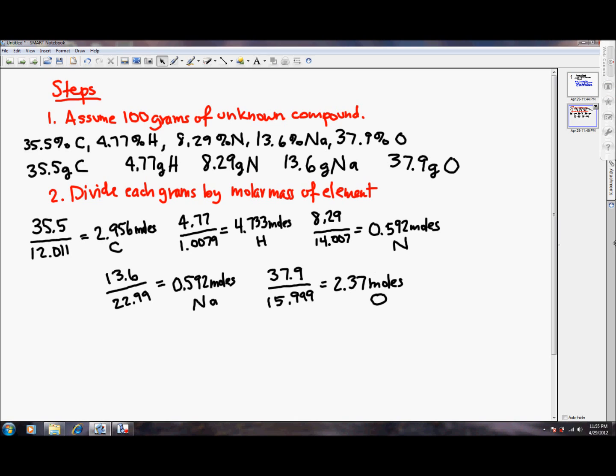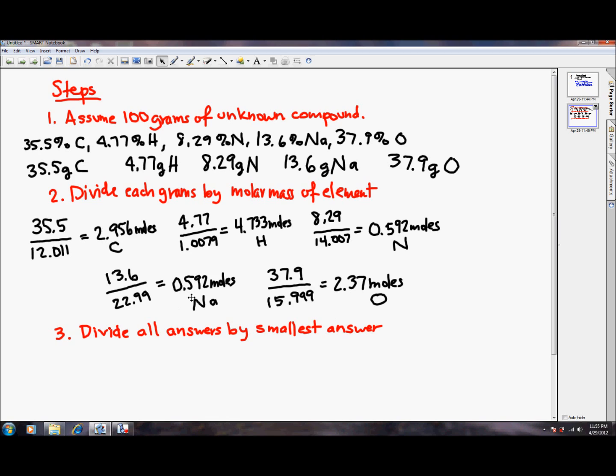Okay. Next step. This is the step that students always forget. Do not skip step 3. Now, the purpose of this step number 3: at this point in time, we now know how many moles of all of these different elements are part of the compound.